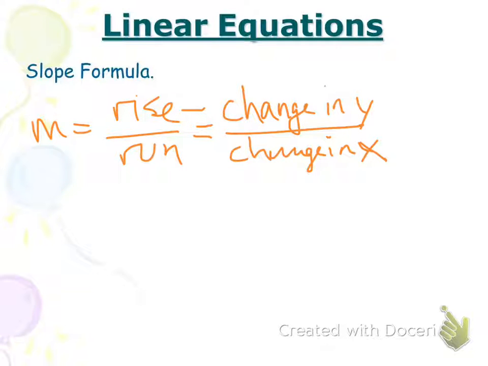Now, calculus uses a little bit different notation for this, and a lot of you will see this next year in college. Delta y over delta x, okay? The little delta, Greek symbol delta in mathematics means change. So the change in y over the change in x.